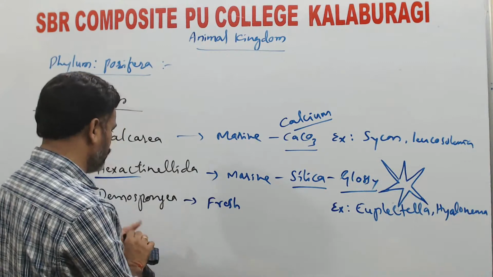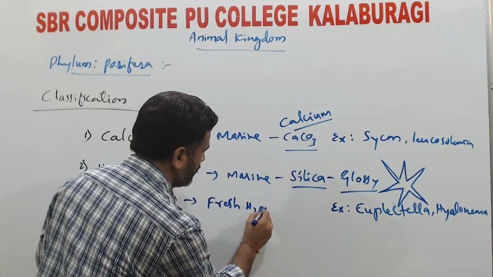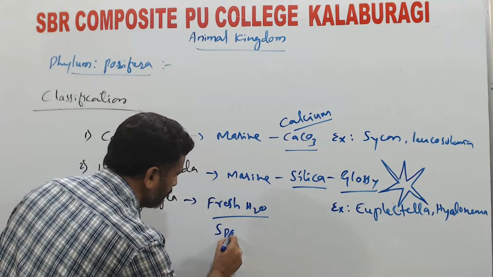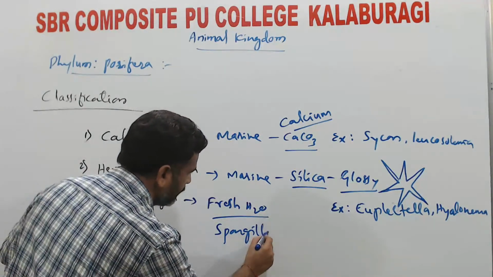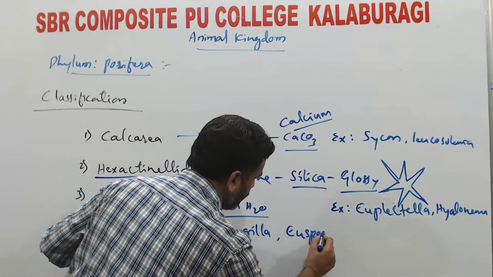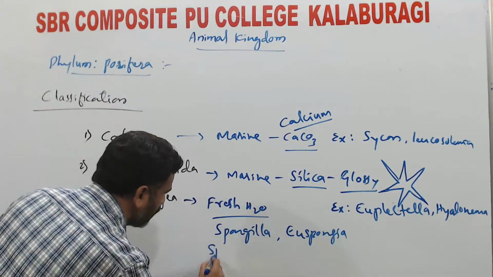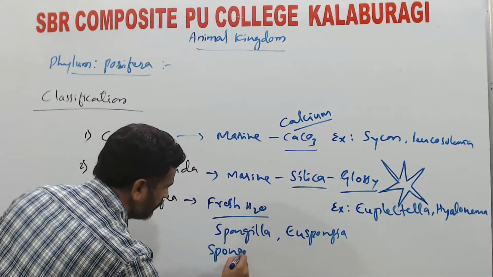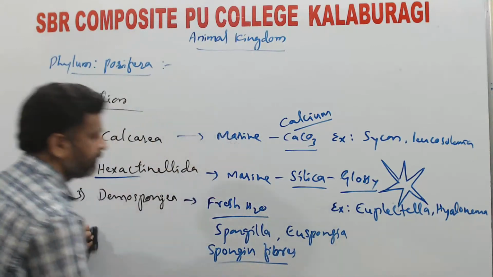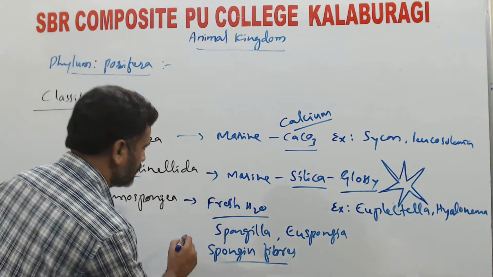The Demospongiae include the freshwater individuals like Spongilla and Euspongia, where the internal skeletal structure is mainly made up of spongin fibers.